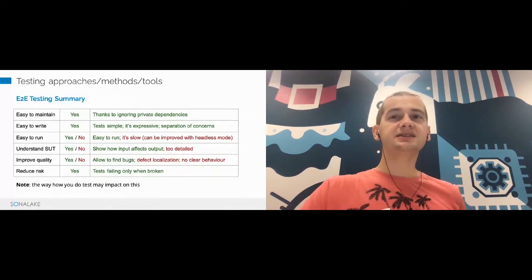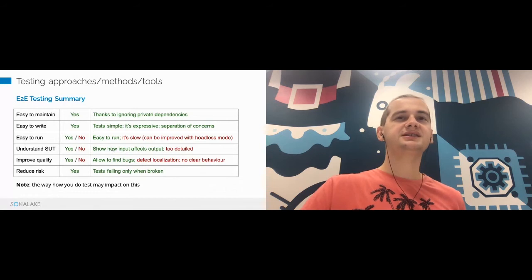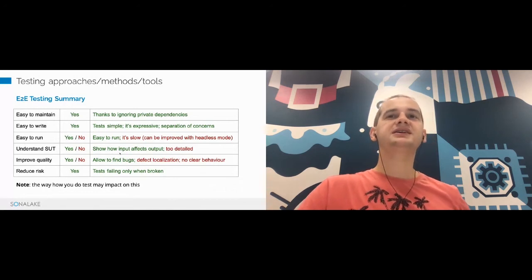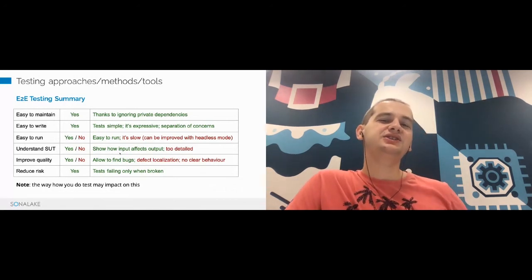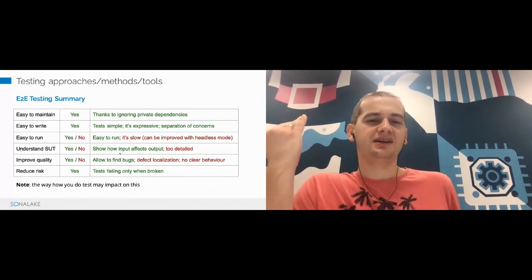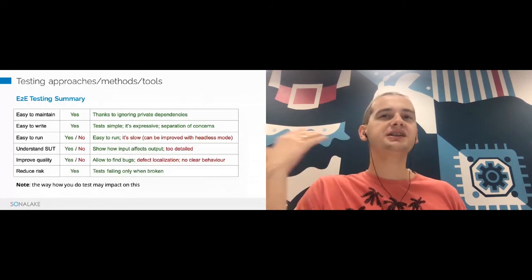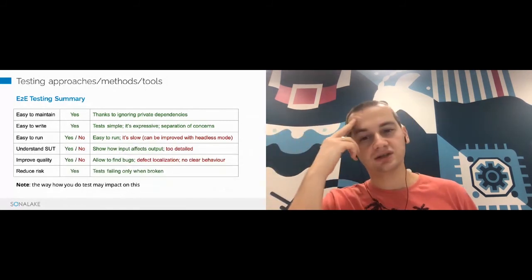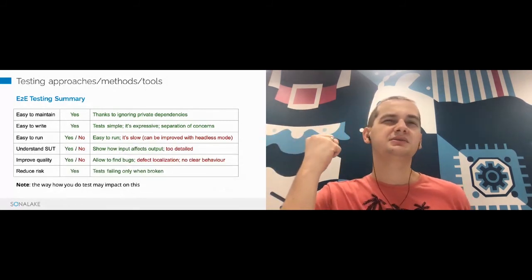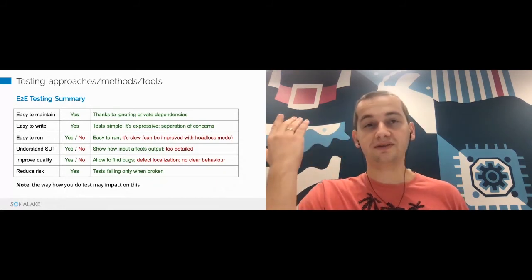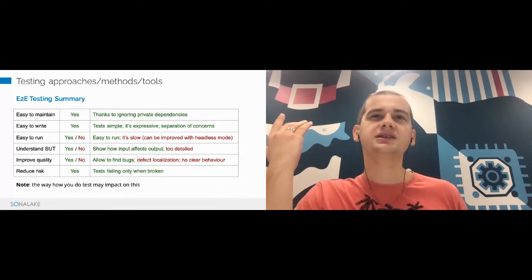And next, understanding the system under test. Yes, it shows how input affects, but it is actually too detailed because, as you've seen, I'm just looking for one particular thing in a lot of elements, and it's like drowning in the sea. It's a little bit hard. It alone can't find bugs. So that's definitely true.